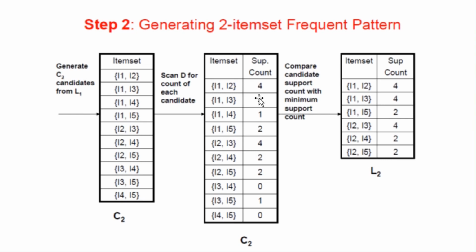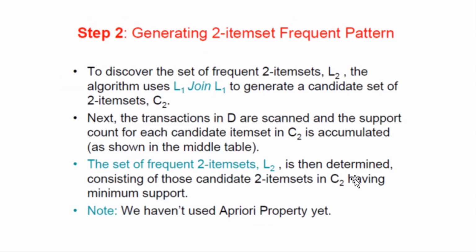Then we need to compare the candidate support count with the minimum support count. The minimum support count was set to be 2. So all this has been checked and reduced to this particular data set, and it has been stored into L2.